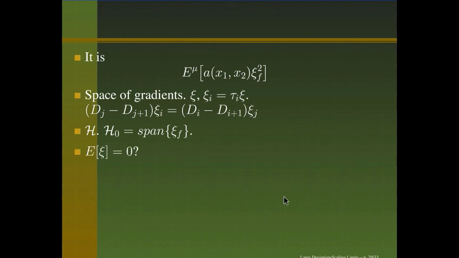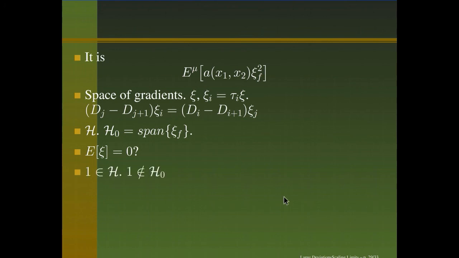Well, everything in H0 has mean 0 because it's the difference d by dx1 minus d by dx2. They both have the same expectation. So if you have a psi which satisfies the consistency relations, but mean is not 0, that's in H but not in H0.